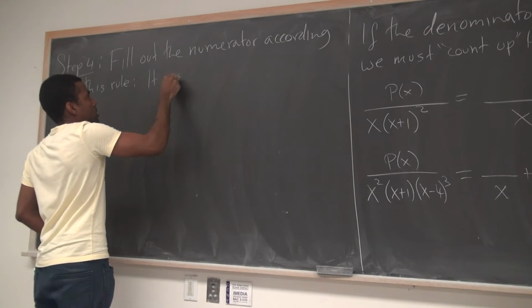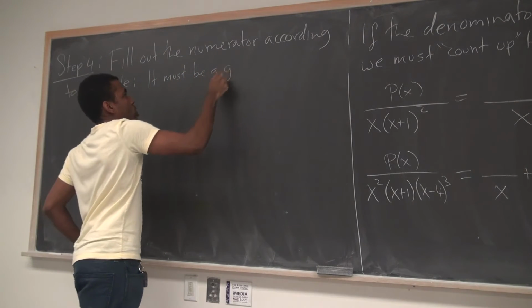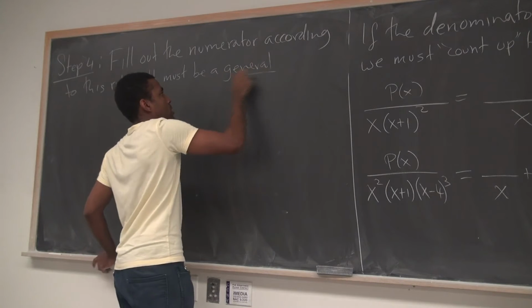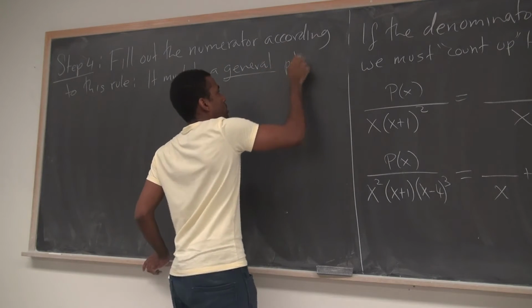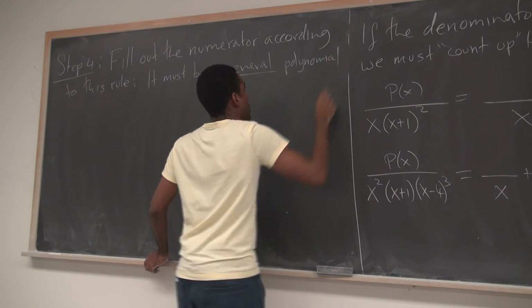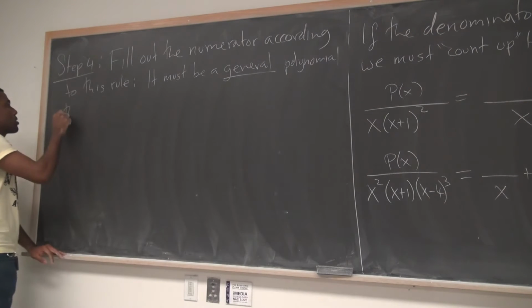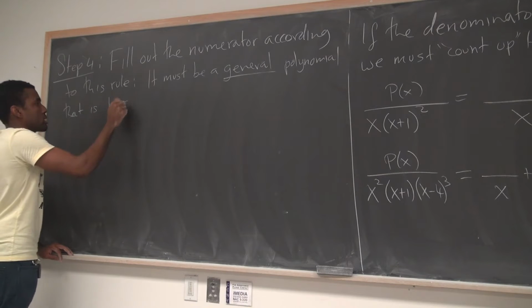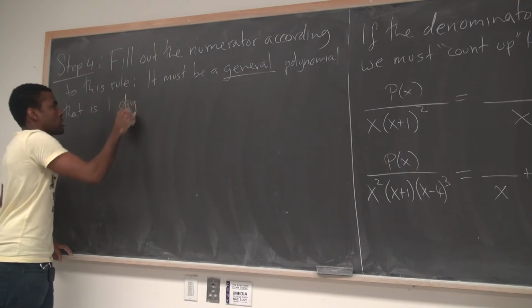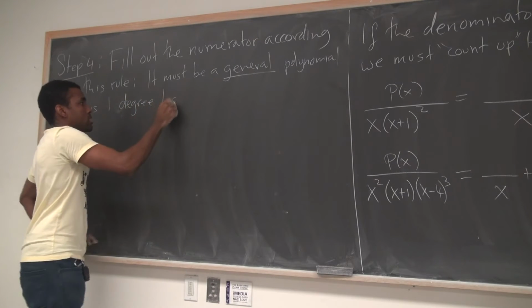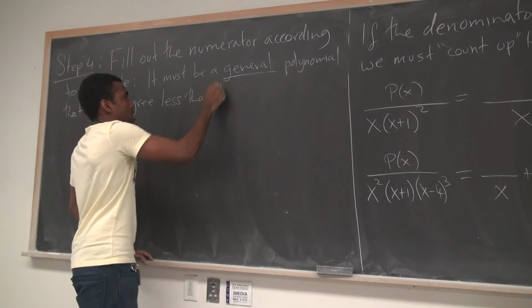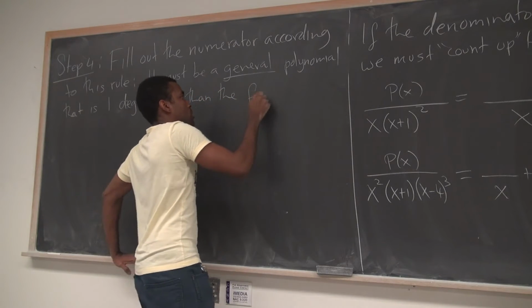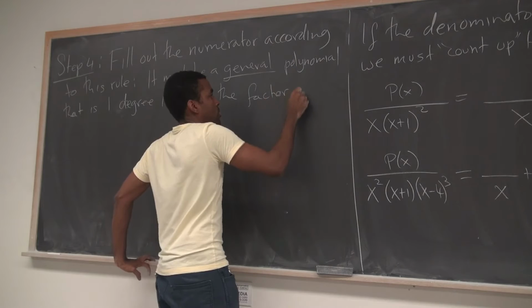It must be a general polynomial that is 1 degree less than the factor in the denominator.